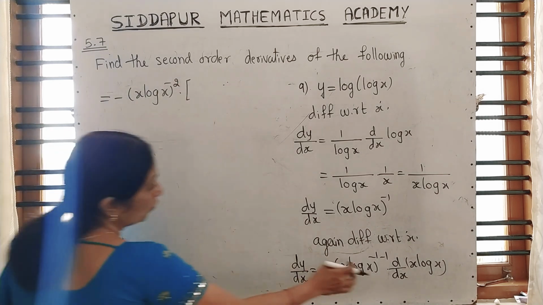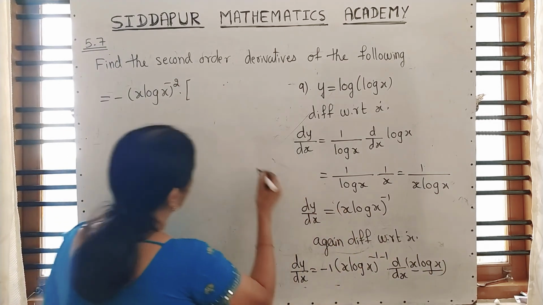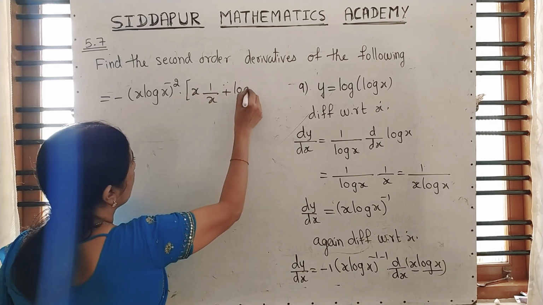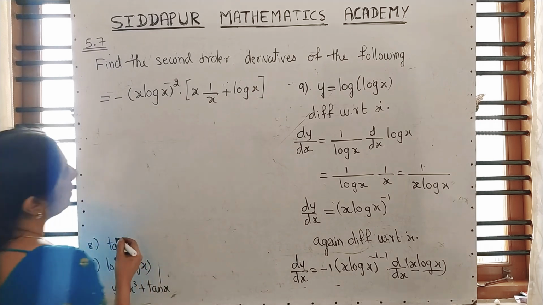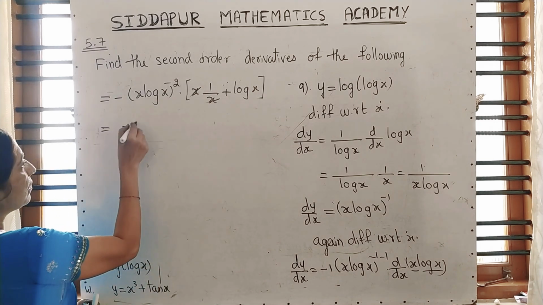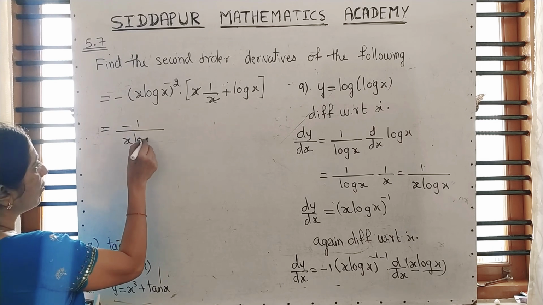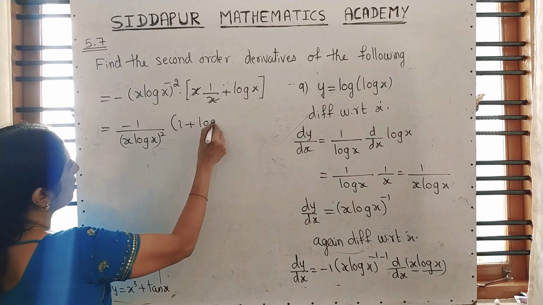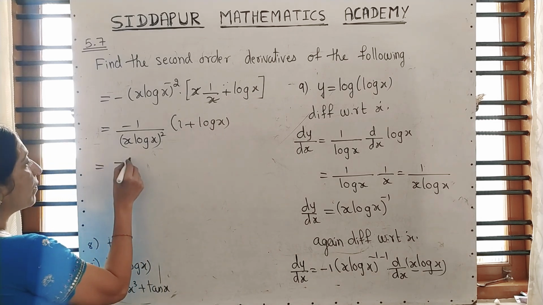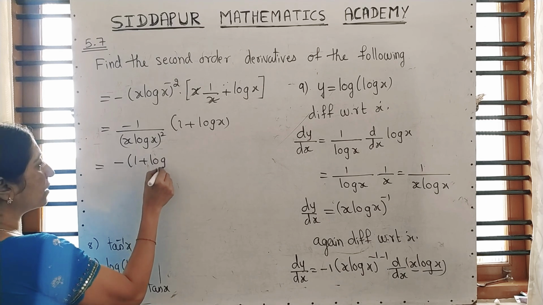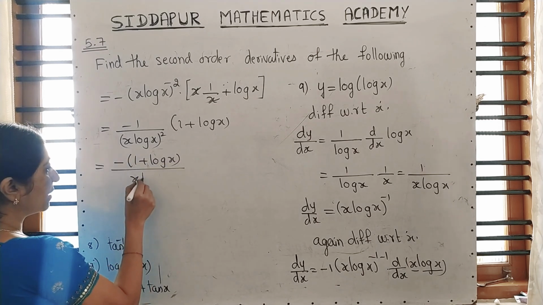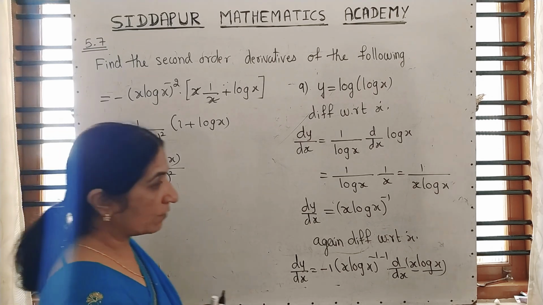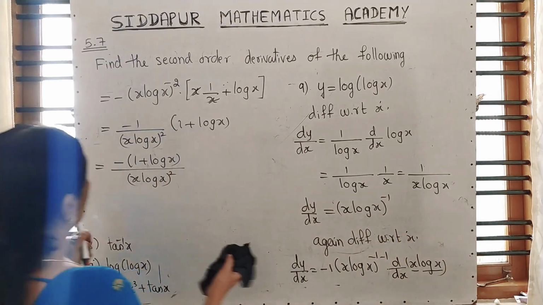Next bracket is u into v. This is u, this is v. x as it is, differentiation of log x, plus log x, differentiation of x is 1. This is minus 1 upon x log x whole square in the bracket 1 plus log x, or you can write minus 1 plus log x upon x log x whole square.